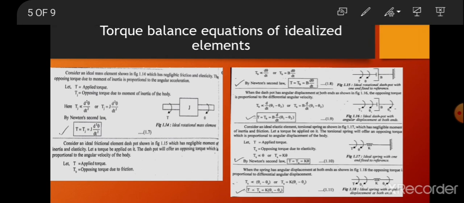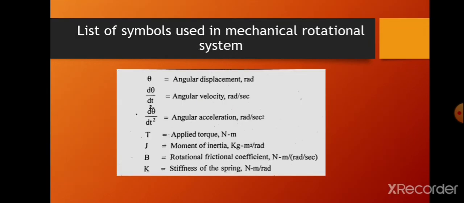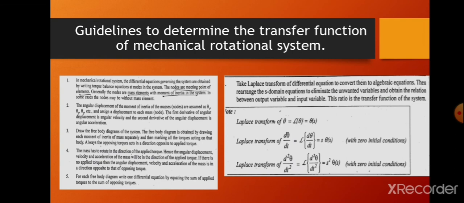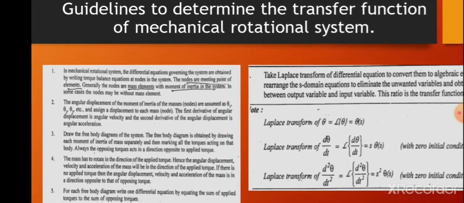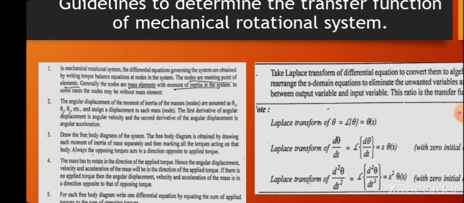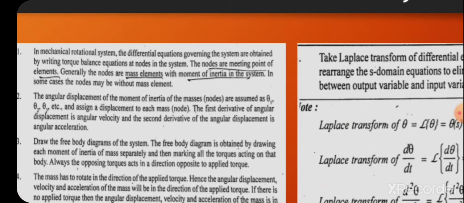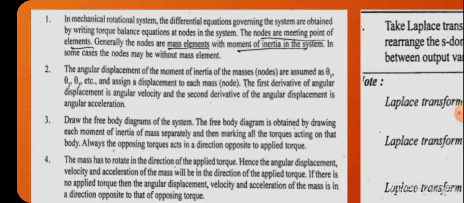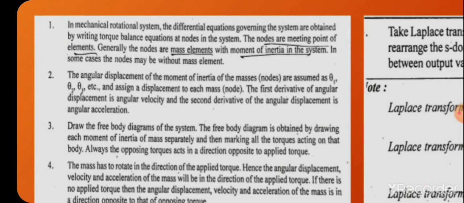Next we can discuss the guidelines to determine the transfer function of a mechanical rotational system. These guidelines are used to solve the mechanical rotational system. So the steps are: first step, in a mechanical rotational system, the differential equations governing the system are obtained by writing torque balance equations at nodes in the system.